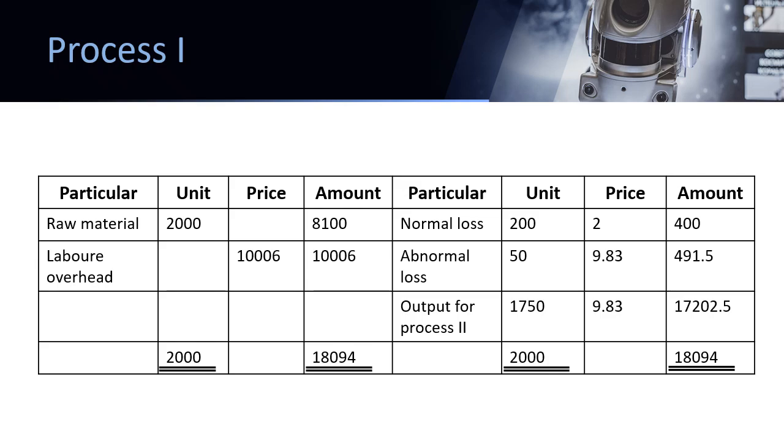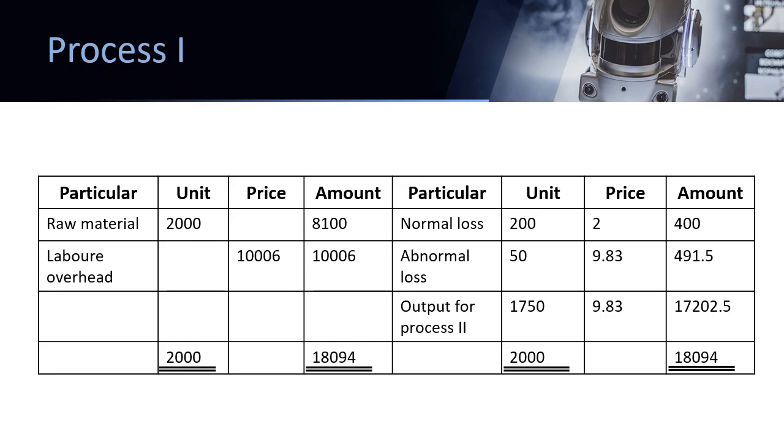This slide shows the Process 1 account. Its debit side shows raw material 2000 units and its amount is 8,100. Labor overhead amount is 10,006 rupees. Its total amount 18,094. Total unit is 2,000. The credit side shows normal loss 200 units, price is 2 and its amount 400 rupees.